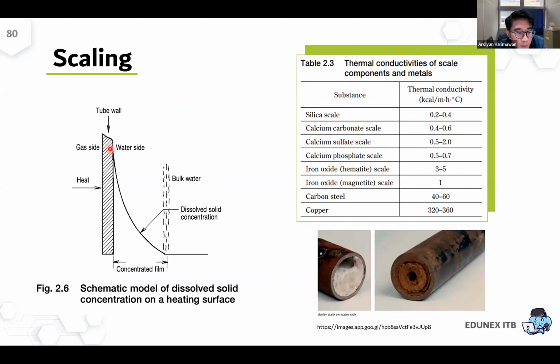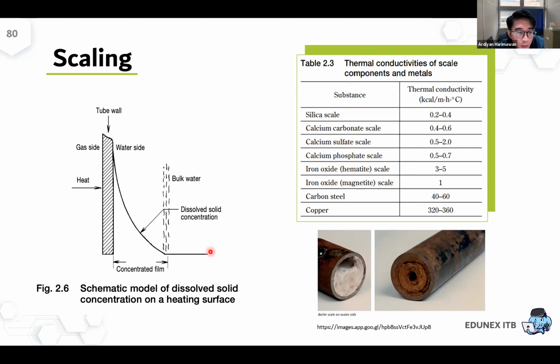Yeah, this is the scaling. You can imagine if you have the tube wall, and at one part the tube is being heated, so there will be localized heat at the other side of the tube.